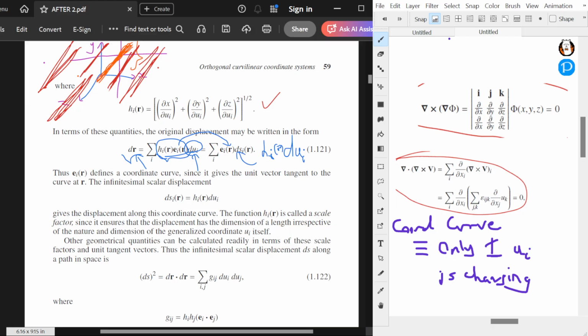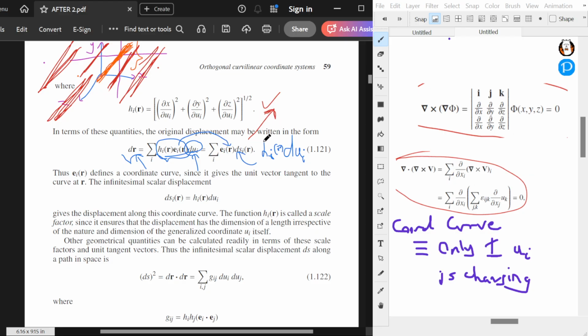Okay, let's go back. Thus, e_i defines a coordinate curve. So let's try to compute one term, one expression from it.